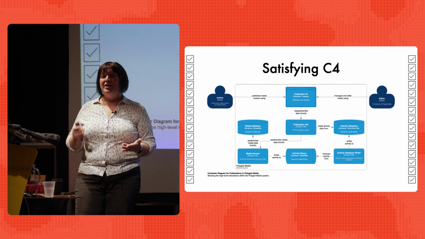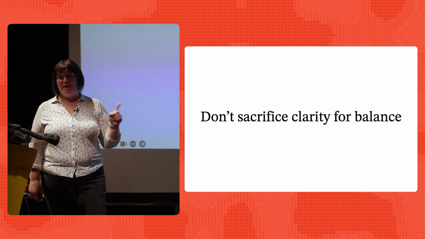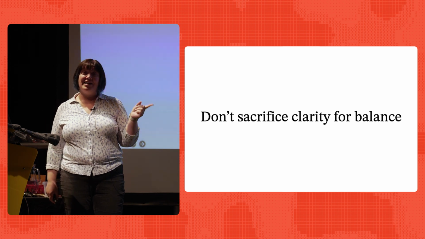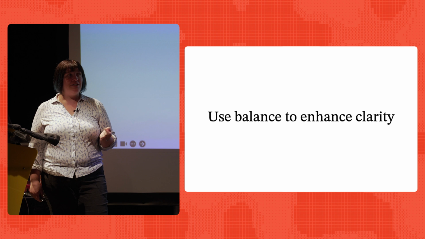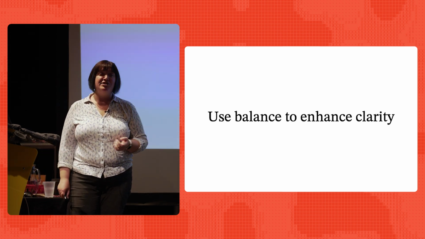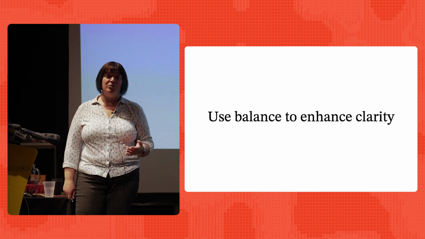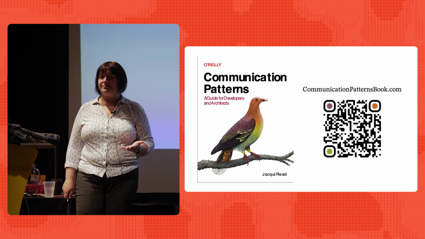It doesn't have to be, but the general balance is better. But do not sacrifice clarity balancing it. Clarity is more important than balance, but you can use balance to enhance the clarity once you've got things nice and clear. Make people a little bit more happy.